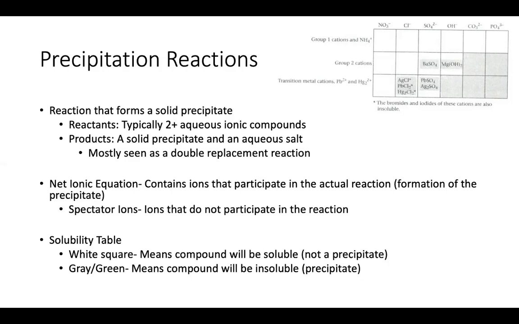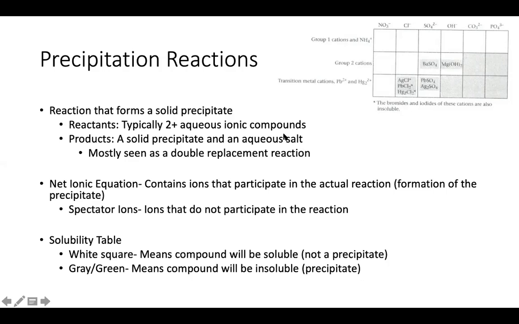On our product side, we will see a solid precipitate, and typically one aqueous salt, but if we have three ionic compounds on the reactant side, we will have two aqueous salts on the product side. Salt is just anything made out of a cation and an anion, so ionic compounds and salt are the same thing.